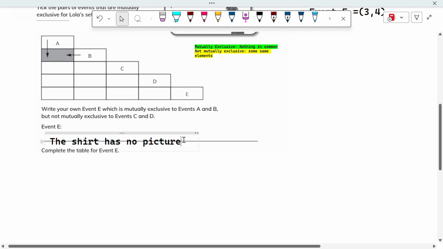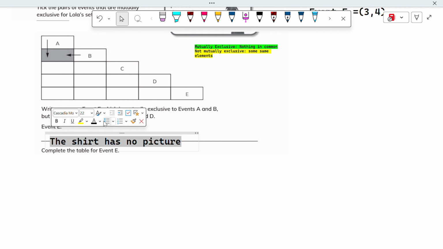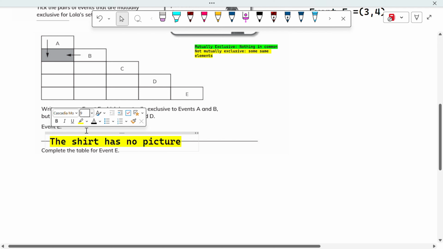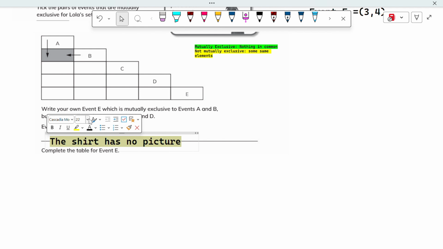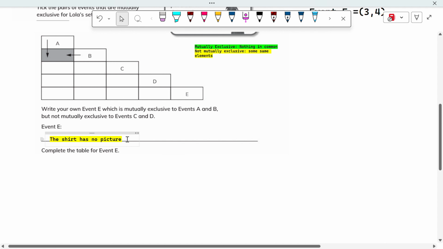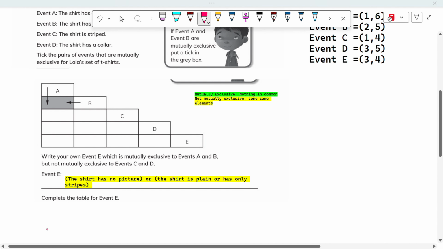That's also right. Someone could get creative and give us other answers which are not going to be wrong. So this is how we can describe event E.